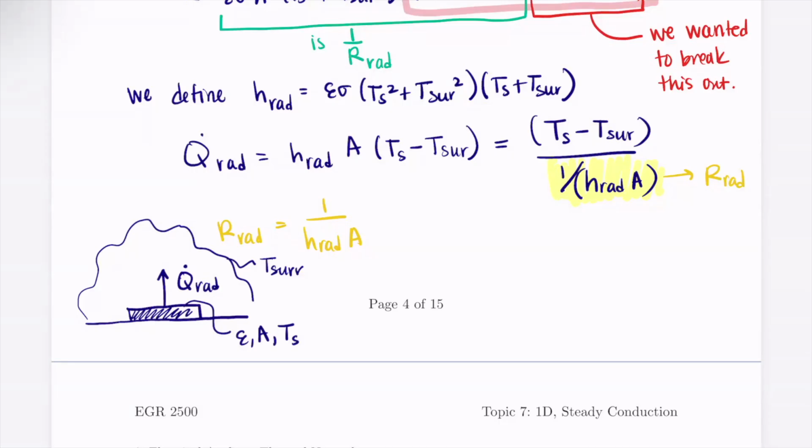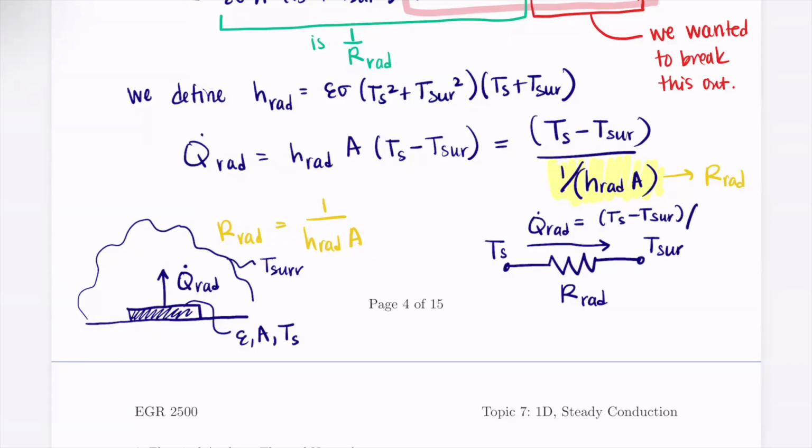We have our same Q dot rad equation. And if we wanted to write this as a thermal system, we would have Ts, T surroundings, and this resistance is R_rad, our thermal resistance due to radiation. And Q dot for radiation is equal to (Ts minus T surroundings) divided by R_rad.